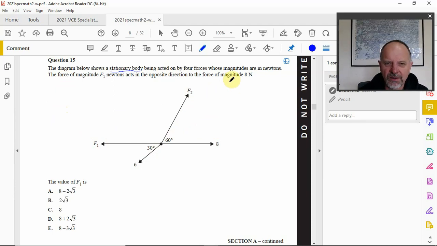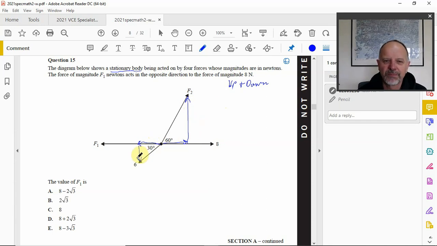I'm going to split this F2 into two components, that one and that one, and this 6 also into two components, that one and that one.